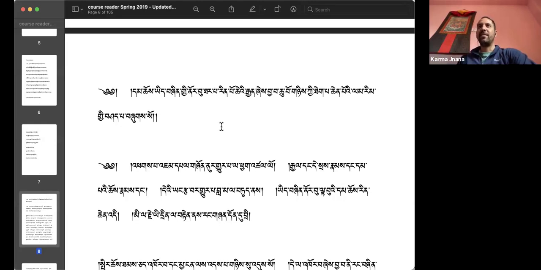So basically, the thing to keep in mind here is that Gampopa comes from the lineage of Atisha, which became a sort of monastic lineage, and Atisha is the creator of the Lam Rim. Lam Rim means stages of the path teachings.